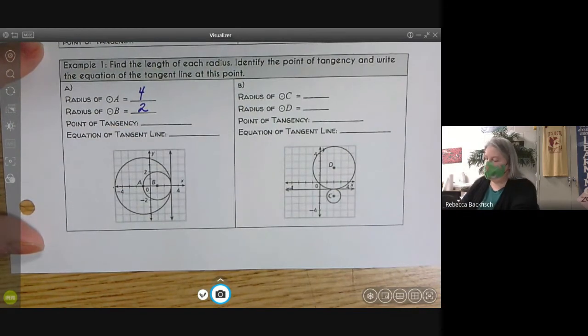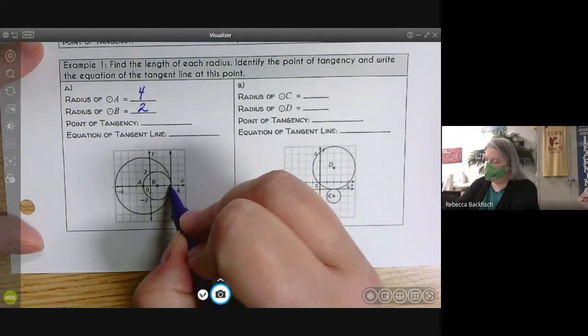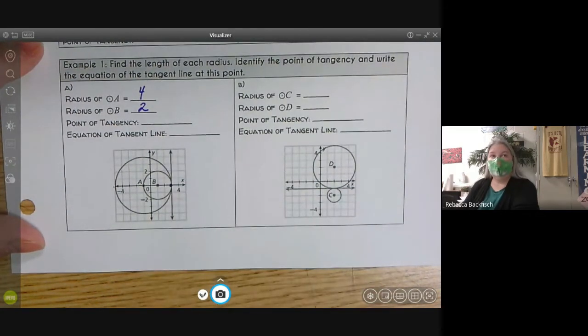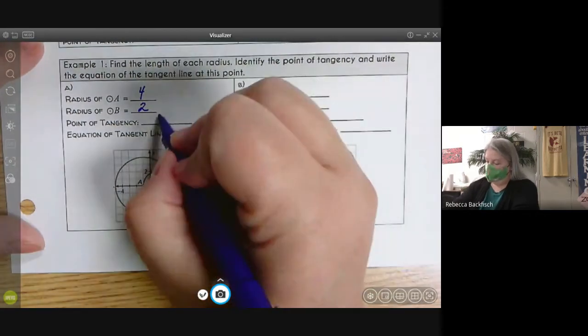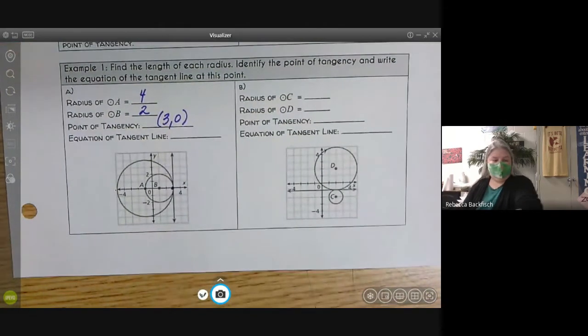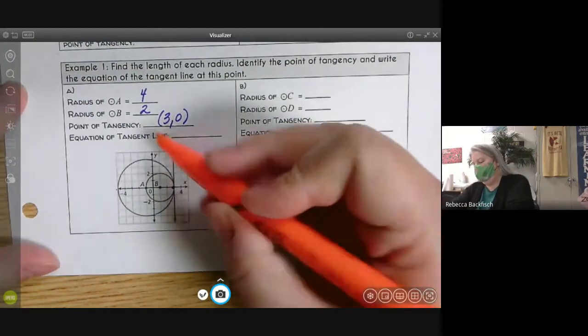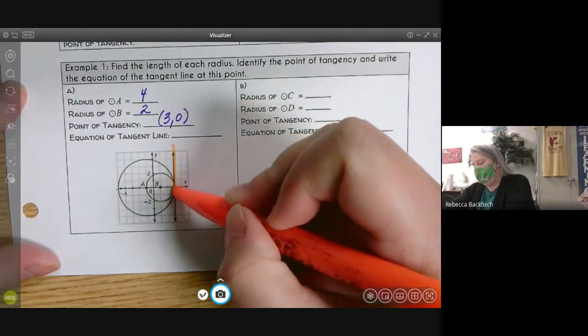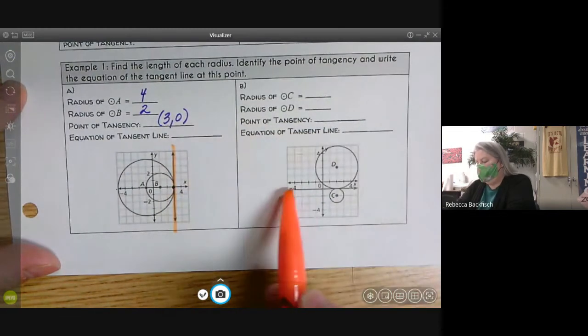Okay, remember a point on the coordinate plane, we have to have two coordinates, an X and a Y coordinate. 3, 0, you got it. There is my point of tangency. Now, on both of these are pretty easy lines to identify. We don't have to worry about the slope, because we have a vertical line, and over here we have a horizontal line.